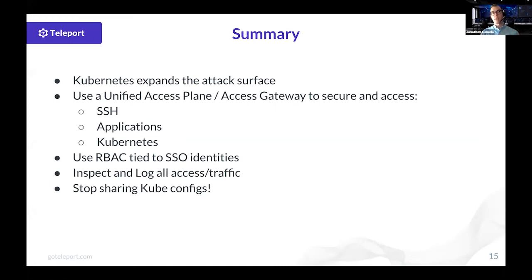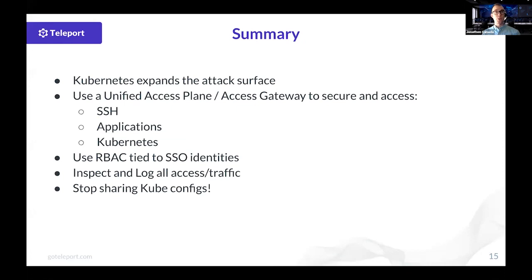It means using the same authentication that everyone is used to, so the same SSO login. And access to all of your different environments, dev, prod, etc., should all be controlled through that same gateway, and role-based access control tied to your SSO identities should be used.